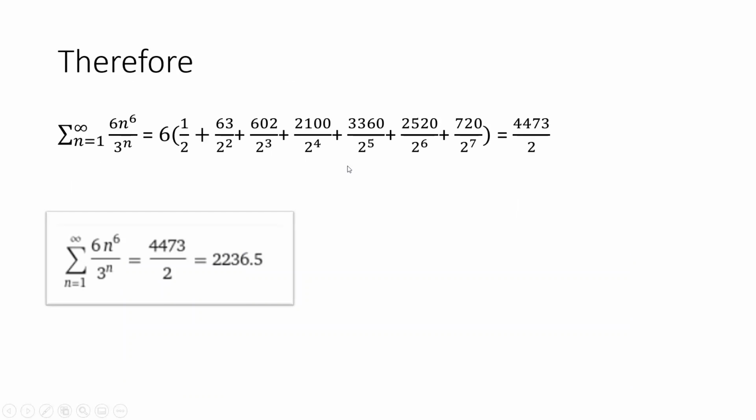Give me all those fractions. And of course, we got to remember to multiply by that constant 6. And when you do, you get 4473 over 2, which is the exact same value you would get by utilizing Wolfram Alpha. But you can now do an exact calculation.